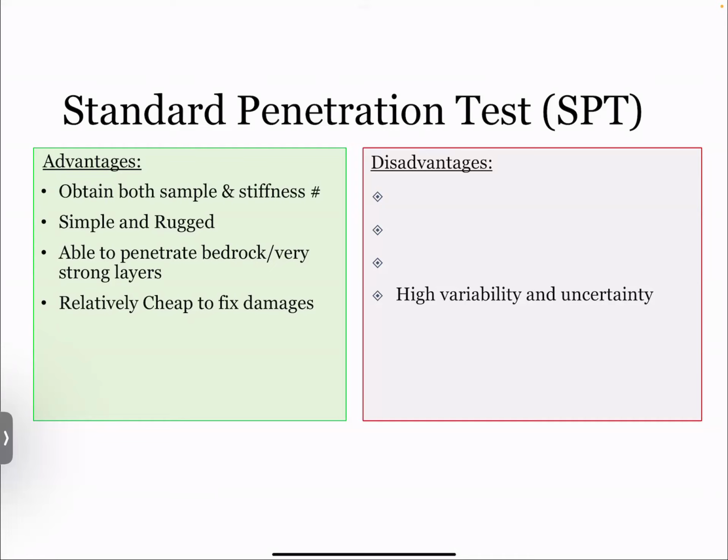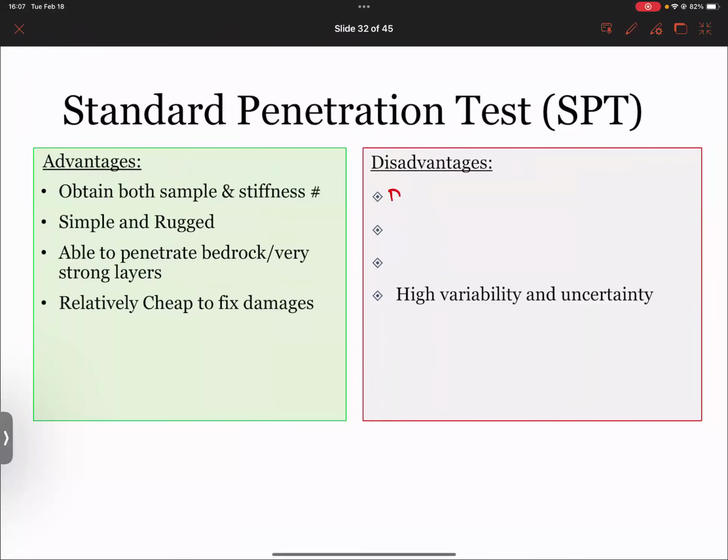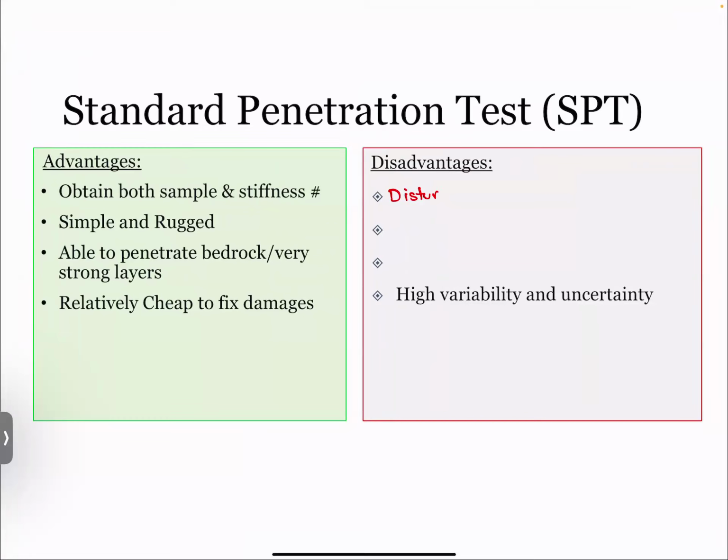But there are some clear disadvantages. Obviously it's very disturbed sampling. The hammer, you're hammering soil, even though it's a 2-inch thing, you're hammering the soil in there.